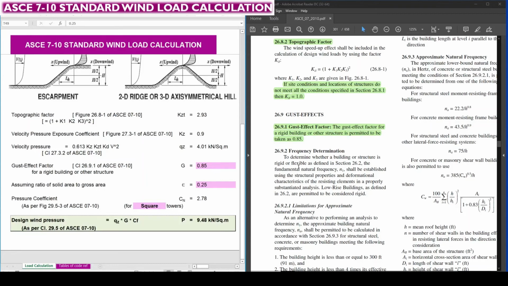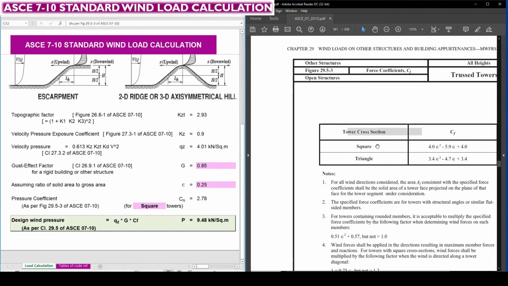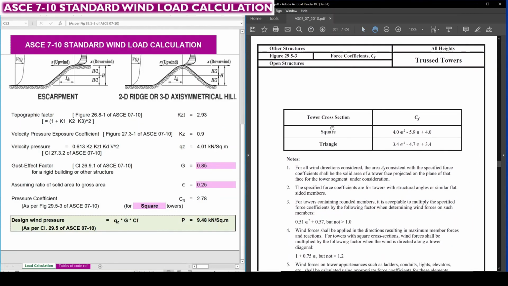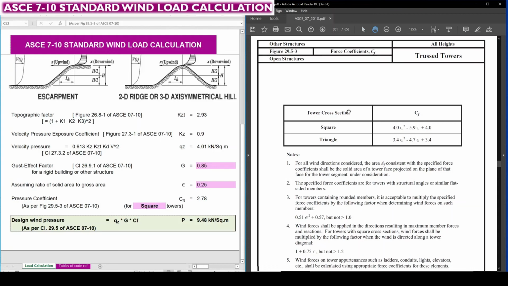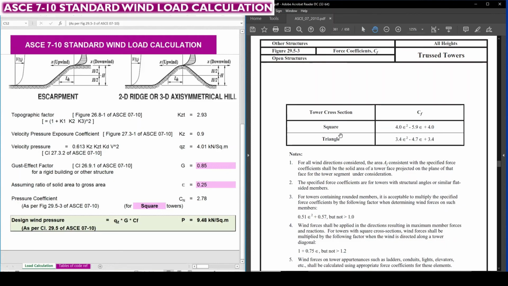So based upon the solidity ratio 0.25, we need to calculate the pressure coefficient. This is as per figure 29.5-3 of ASCE 7-10. For that, page number 361 is to be referred. So here you can see in the right hand side, ASCE 7 2010 document, force coefficient CF is given for tower cross section of a square and a triangle.